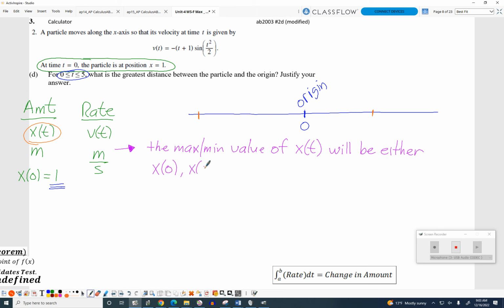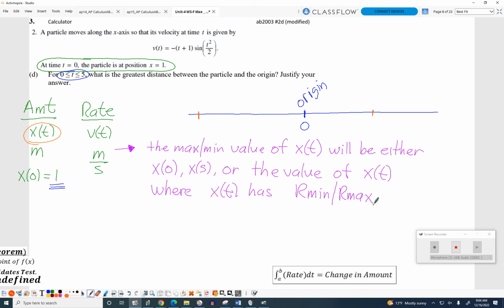Or the r min or r max. There we go. Or the value of x of t where x of t has a relative min or a relative max. 5 points for Jacob.